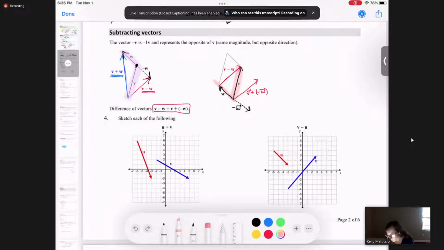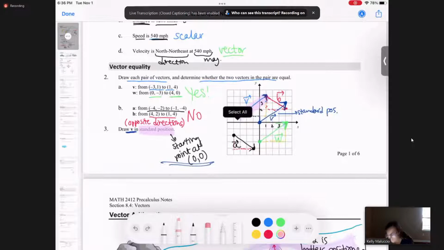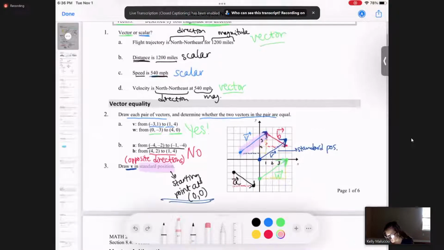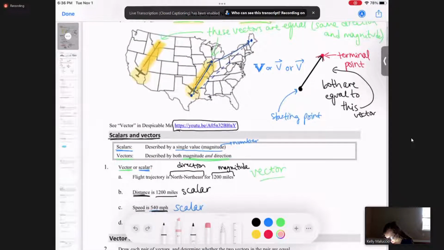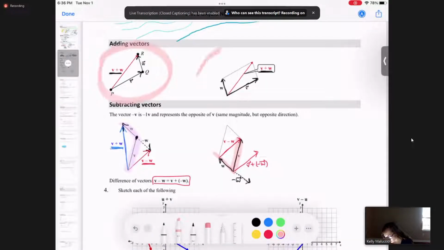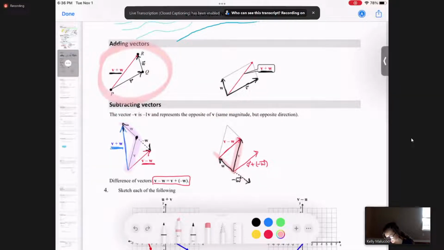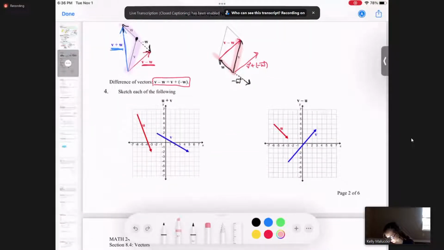Remember when we looked at them up here and we were trying to set them equal, we can shift anything to standard position. We could take these two vectors. Initially, these were the same, but they're just shifted in a different position. So we can shift them around so that they look like one of our setups here, and then we can add them together or subtract.